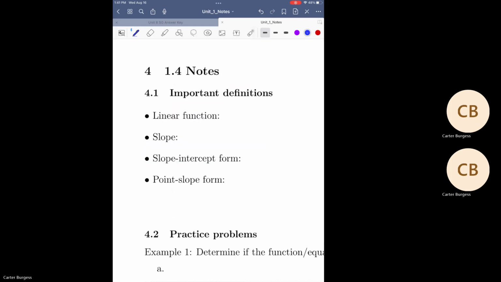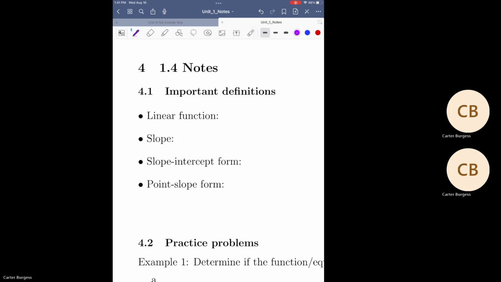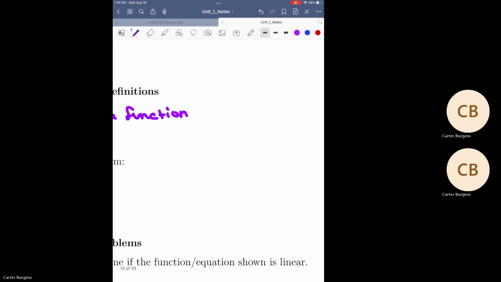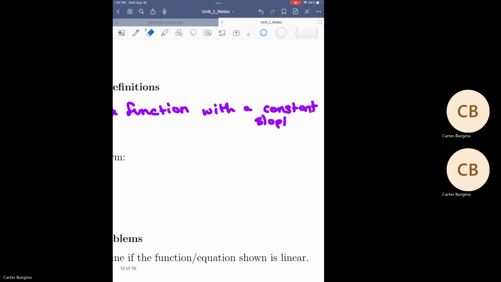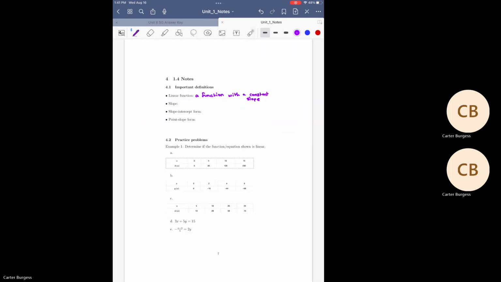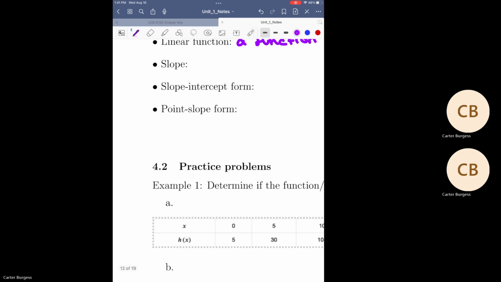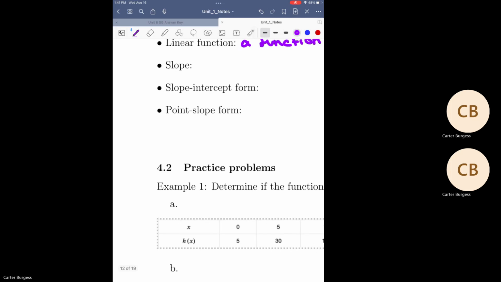So here, a linear function is a function with a constant slope, or an idea that we will expand a little bit more in the future, a constant rate of change. Now we have a couple of different ways to think about slope.